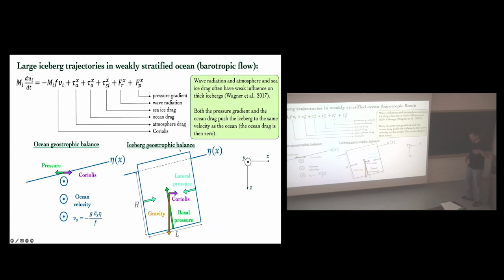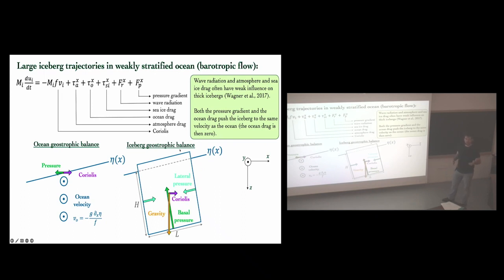The icebergs around Greenland and in the Arctic are usually smaller, so they are more affected by the Ekman spiral, and so they will be more affected by the surface stress. In Antarctica, what we observed is that the icebergs mostly follow the ocean currents, and you can guess from that the atmosphere and sea ice drag often have a weak influence on the thick icebergs.